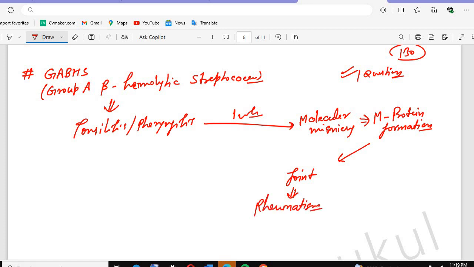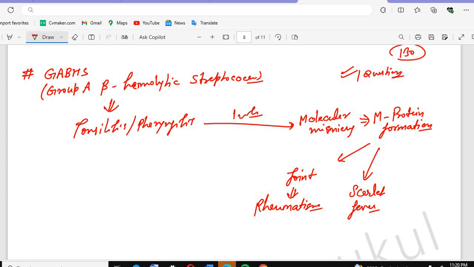Or there is another mechanism: the patient comes with tonsillitis or pharyngitis from group A beta hemolytic streptococcus, there is an antigen, and due to that antigen immunoglobulins or antibodies will be formed, and that antibody will accumulate in the joints, and that will cause rheumatism. Another thing they can do is cause scarlet fever.